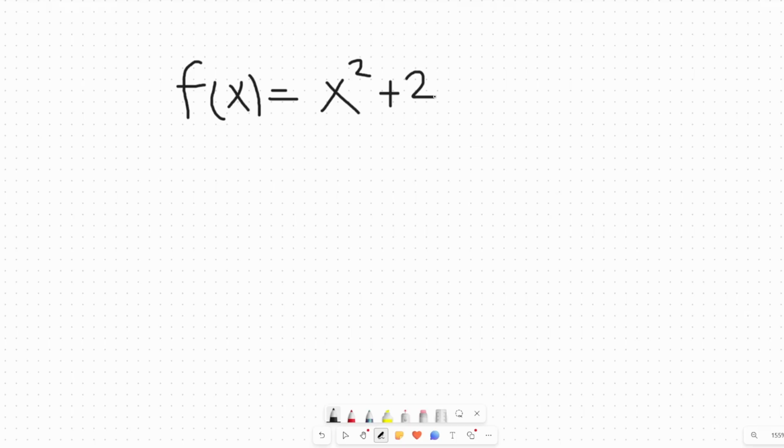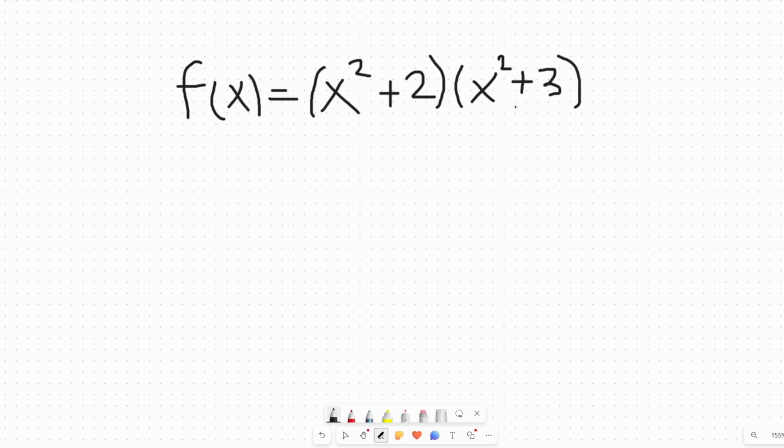So now for question 3, f of x is equal to x squared plus 2 times x squared plus 3.